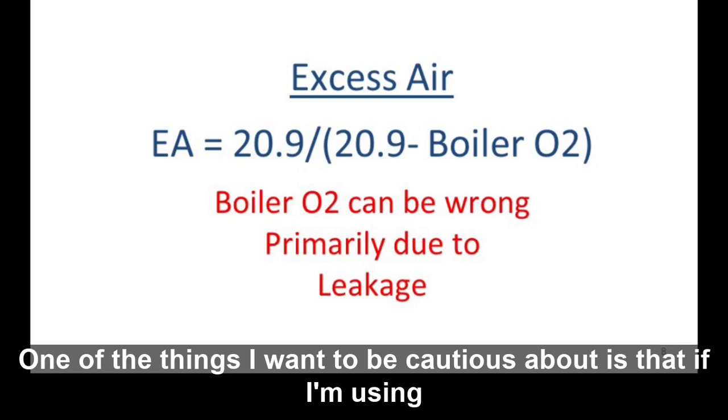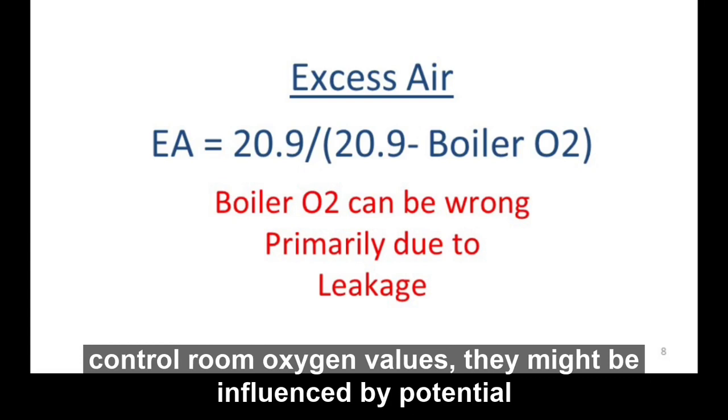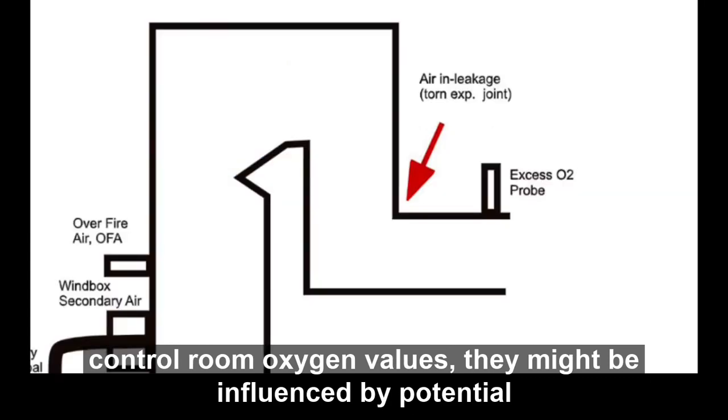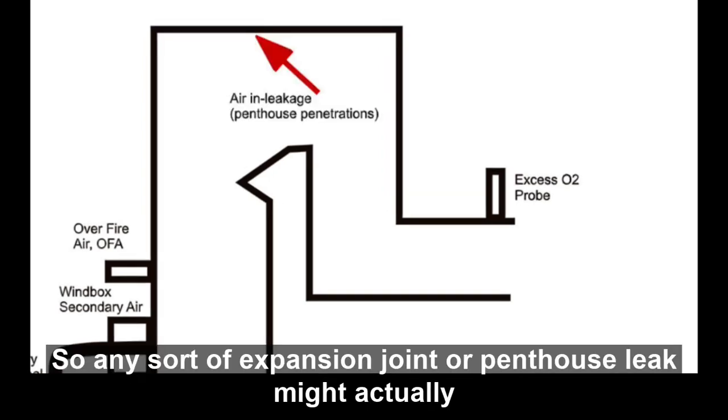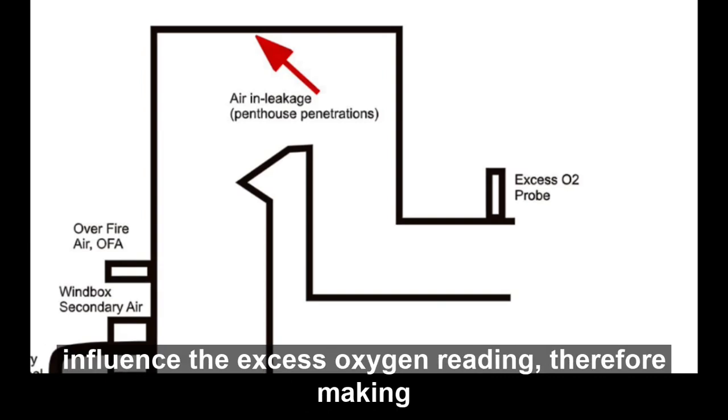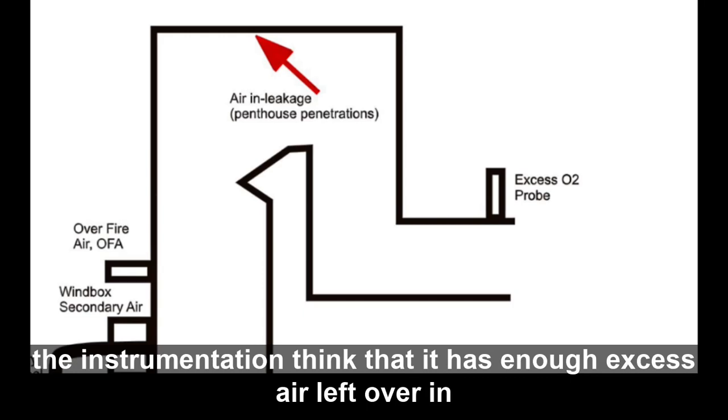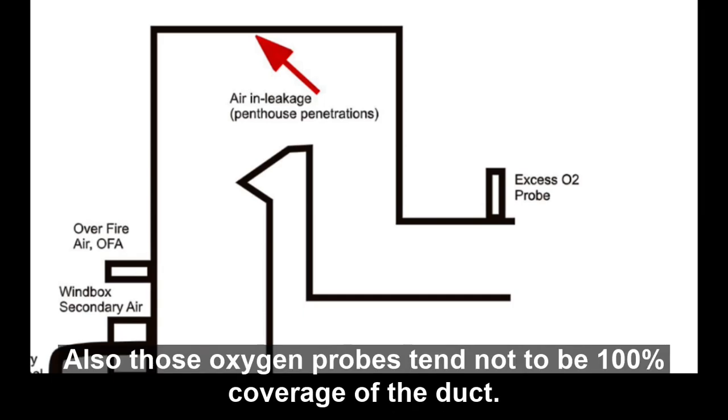One of the things I want to be cautious about is that if I'm using control room oxygen values, they might be influenced by potential leakage prior to those O2 probes. So any sort of expansion joint or penthouse leak might actually influence the excess oxygen reading, therefore making the instrumentation think that it has enough excess air left over in the flue gas.